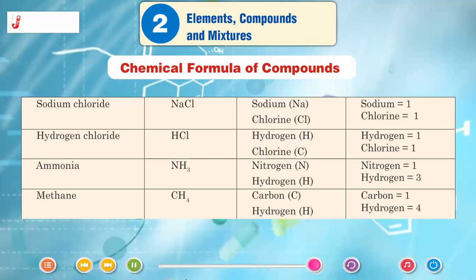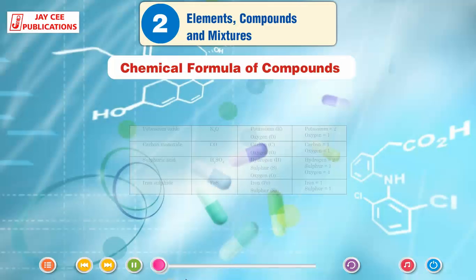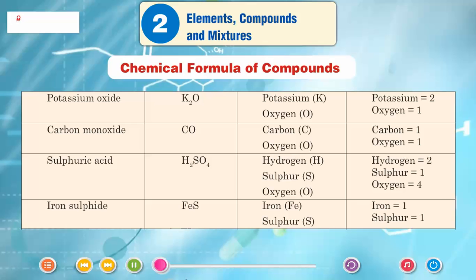Methane, CH4, carbon C, hydrogen H, carbon 1, hydrogen 4. Potassium oxide, K2O, potassium K, oxygen O, potassium 2, oxygen 1. Carbon monoxide, CO, carbon C, oxygen O, carbon 1, oxygen 1.